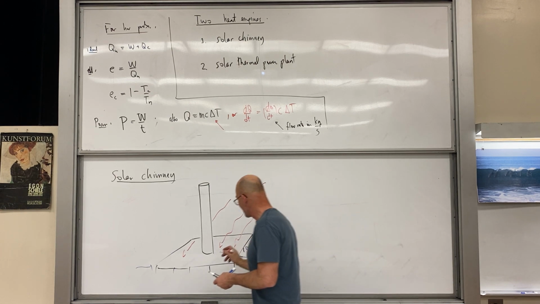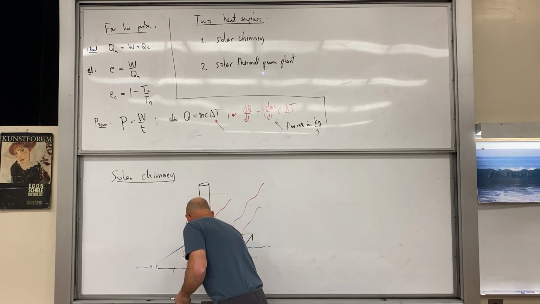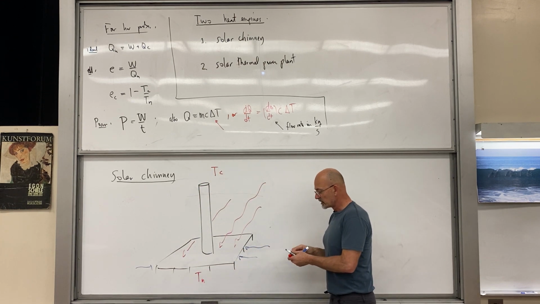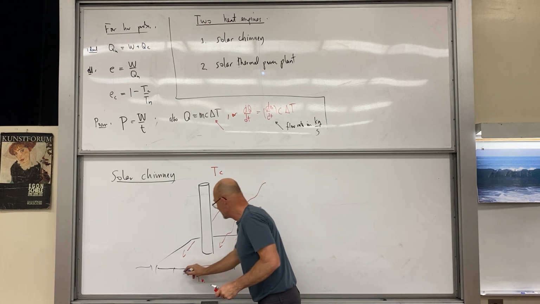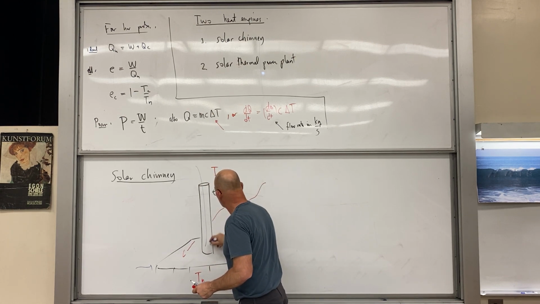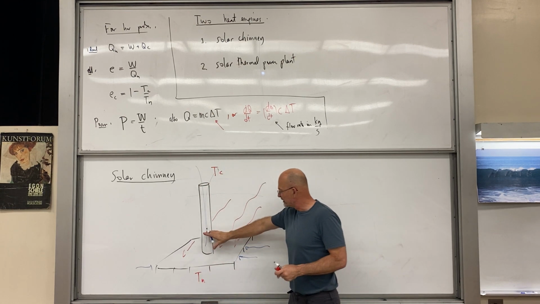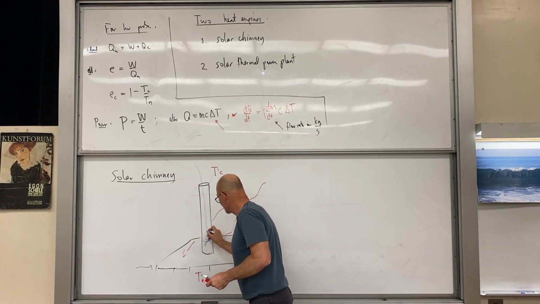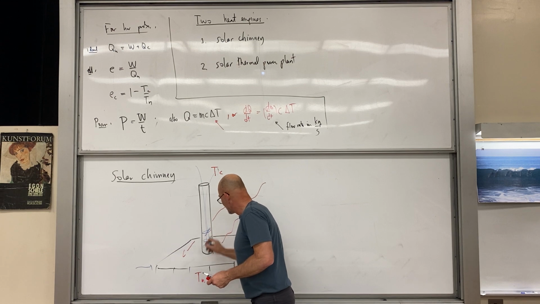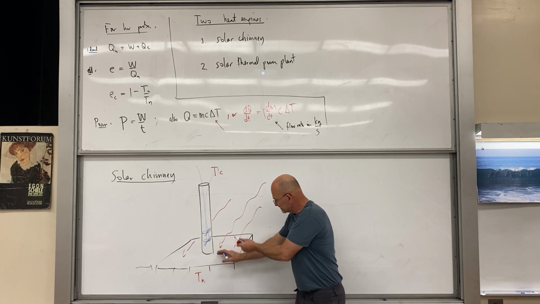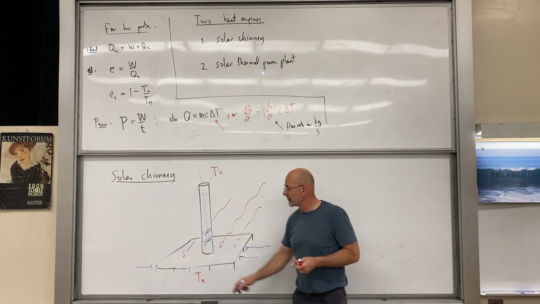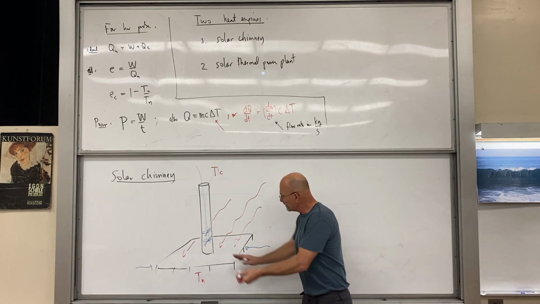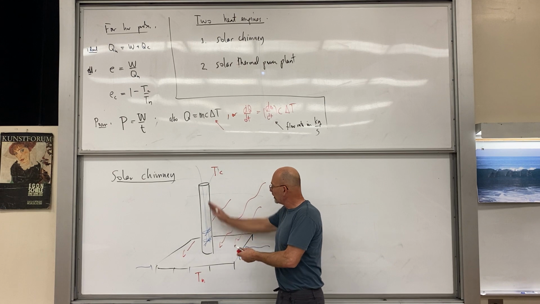So down here you have TH, up here you have TC, therefore you get convection going all the way up. And if you can mount some turbines in the chimney or conceivably underneath, around it, you're just going to get the turbines to spin by that airflow. You're generating a wind up here.